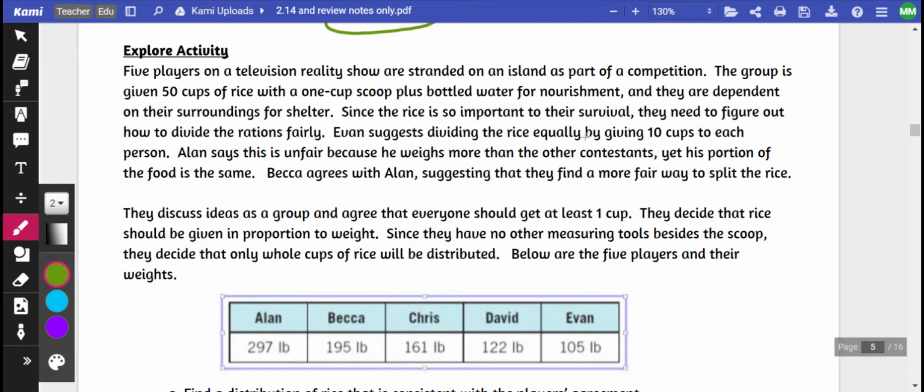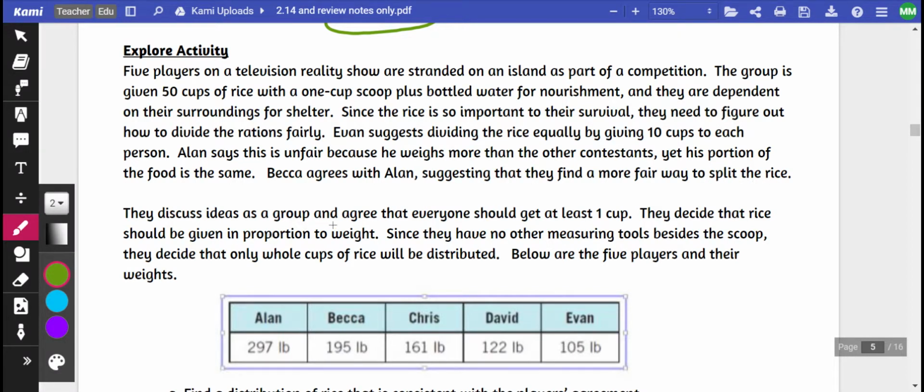Evan suggests dividing the rice equally by giving 10 cups to each person. Alan says this is unfair because he weighs more than the other contestants, yet his portion of the food is the same. Becca agrees with Alan, suggesting that they find a more fair way to split the rice.